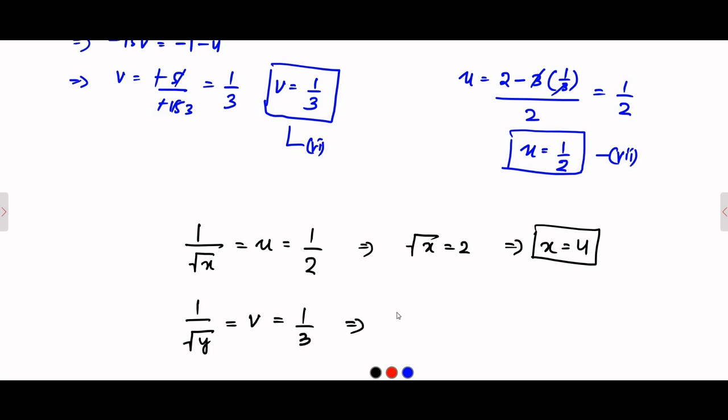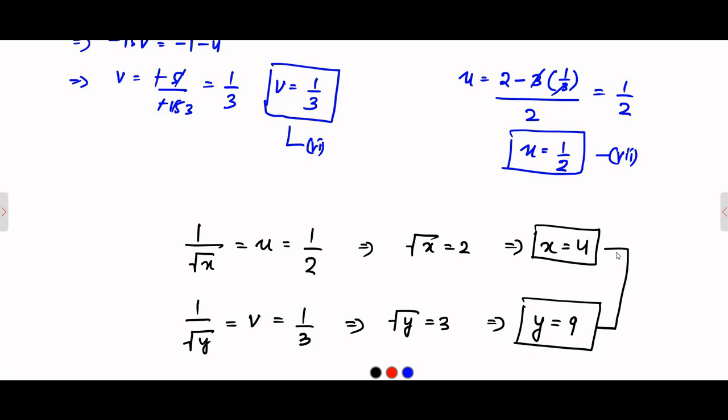That implies root y is equal to 3. That implies y is equal to 3 square, which is equal to 9. So x is equal to 4 and y is equal to 9. This is the solution of the given set of linear equations in two variables.